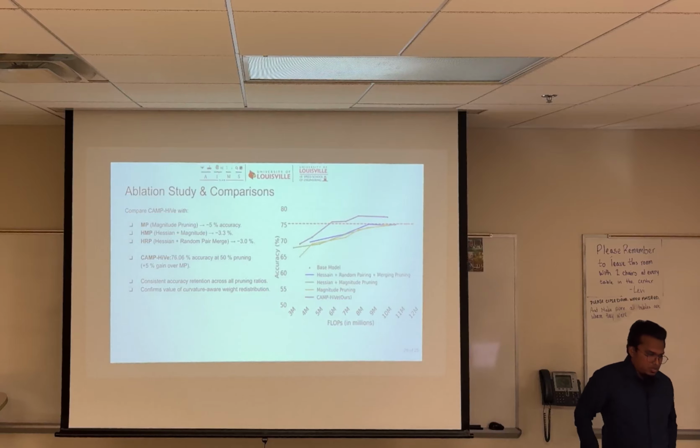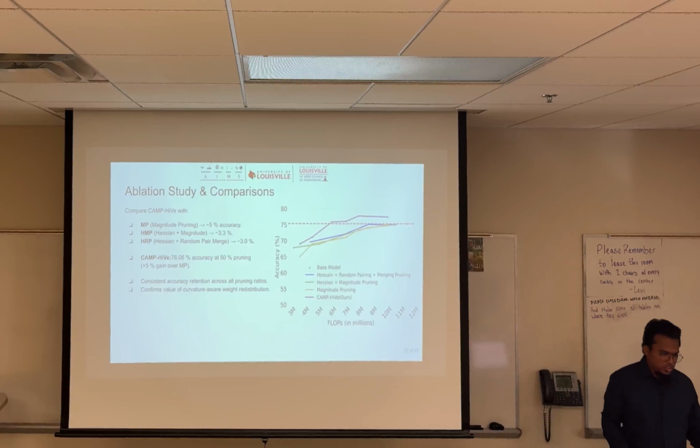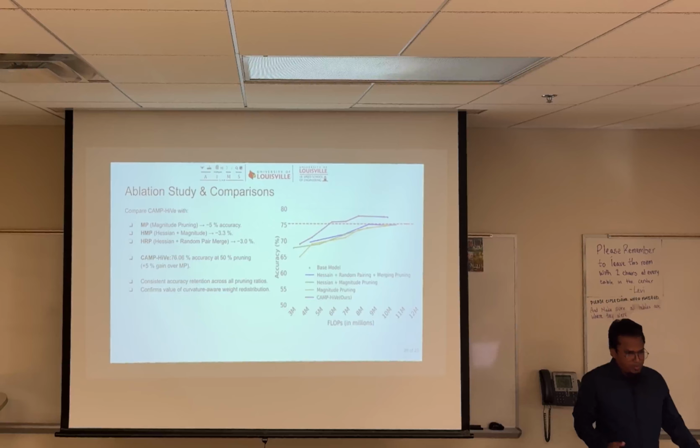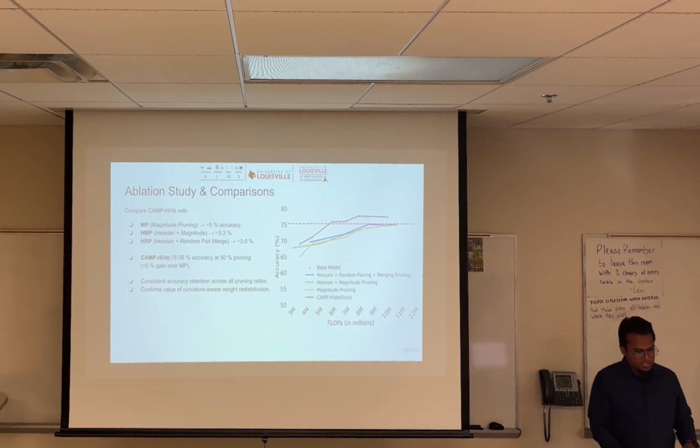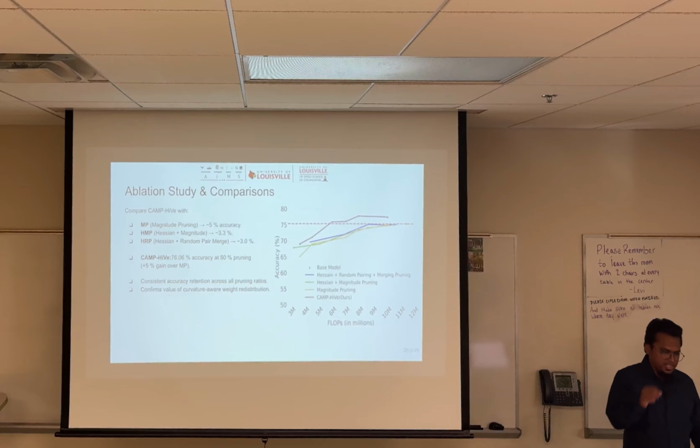Okay, so now we did an ablation study and comparison within our models. The ablation study covers Hessian plus random pairing and merging pruning. Random pairing means that, as we described, the less significant weights pair with the significant weights. We are using the cyclic merge, but here we are using random pairing, where any significant weights can pair with any less significant weights.